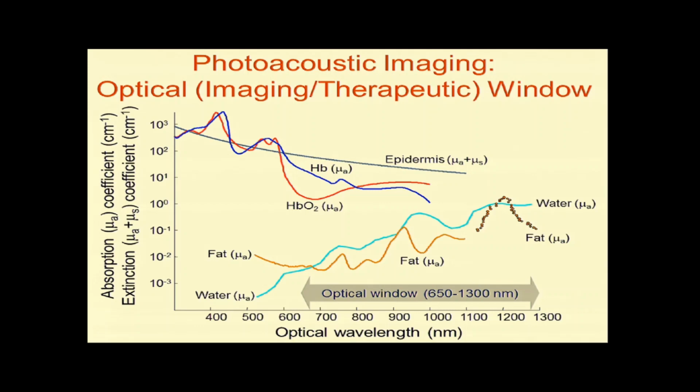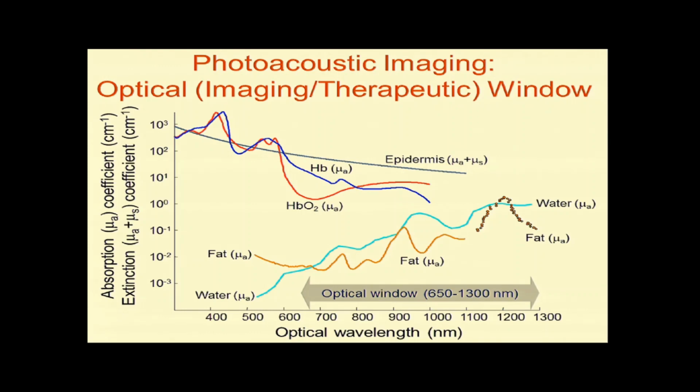Number one is, of course, my contrast in photoacoustic imaging is based on the absorption, which means if absorption doesn't change, I'm not going to image anything important. However, what I cannot allow in this imaging technology is absorption to be too high, because then the light will not penetrate deep into the tissue, it will be absorbed superficially.